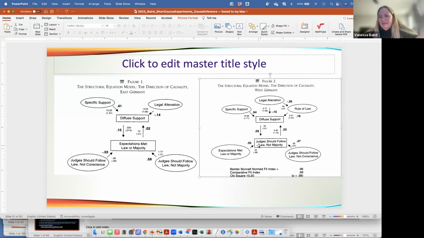We don't have data on that, but they were willing to say, we believe that the only possible way is through this mediator. And so even though they didn't have any data on a mediator, they had a hypothesized mediator, and that was therefore their ability to estimate the causal effect. Isn't that cool? That's kind of a genius way to think about it, in my mind.